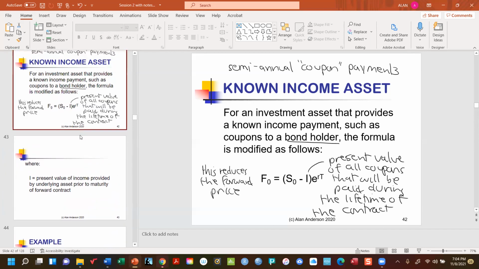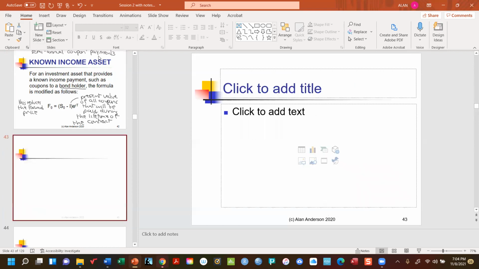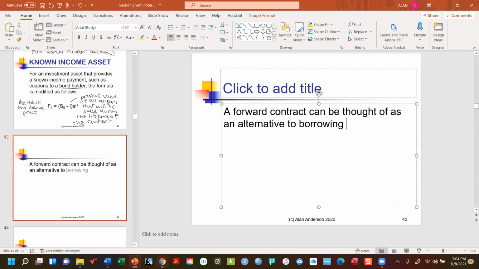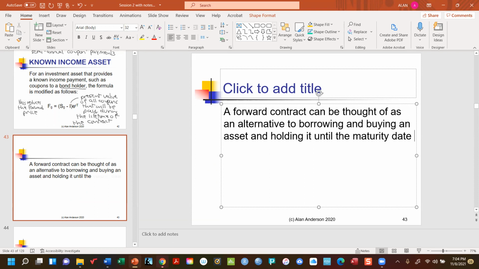Keep in mind, a forward contract can be thought of as an alternative to borrowing and buying an asset and holding it until the maturity date of the forward contract.